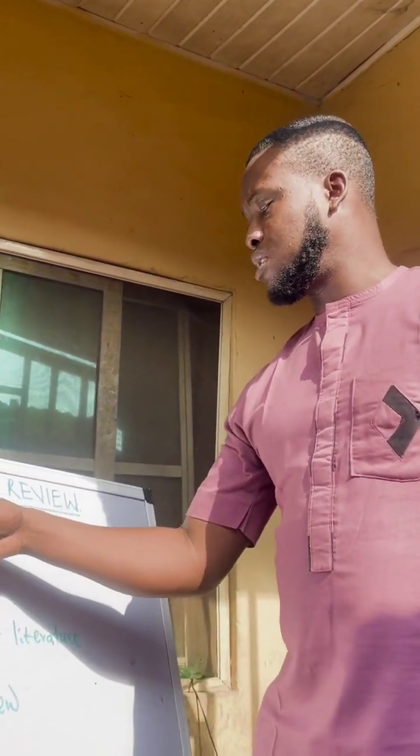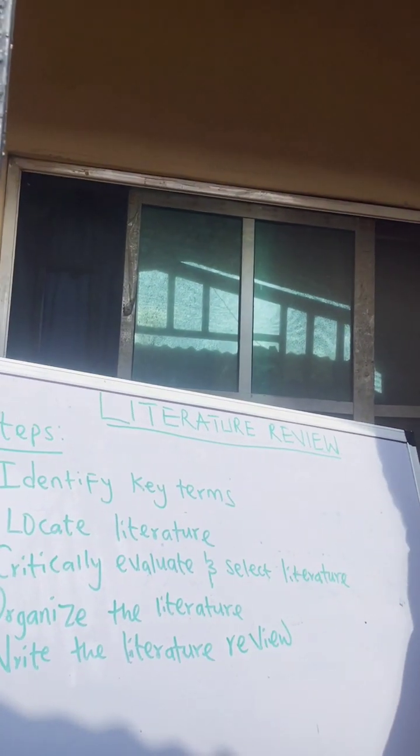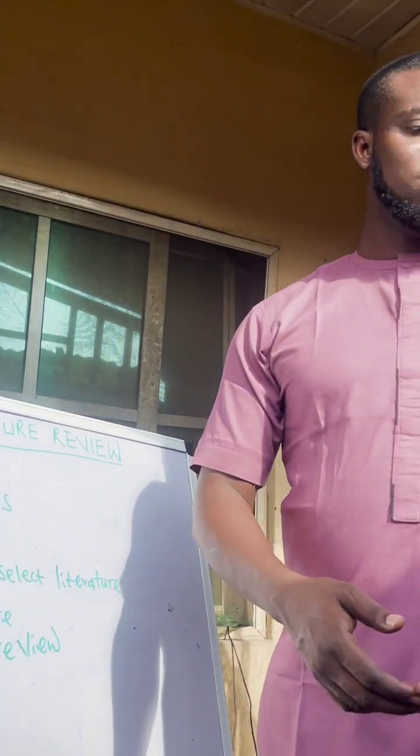So, literature review. What is literature review? Literature review is seen as a written summary of various articles, proceedings, and books that relate to your topic, that deal with the current and past conditions of your topic.